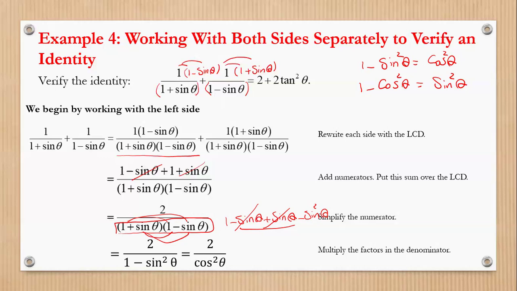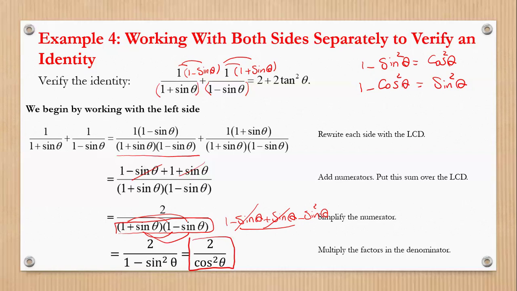Okay, now how can we get 2 plus 2 tangent square? I'm not sure if we can get tangent from this. I prefer in this case to leave this one right now and start working on the right side. I told you sometimes you may need to work on both sides.